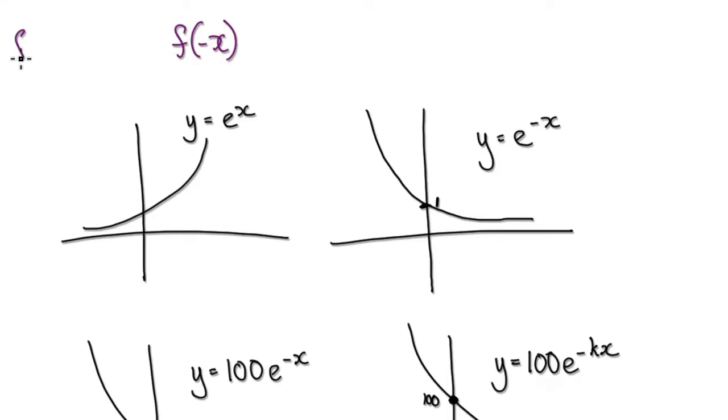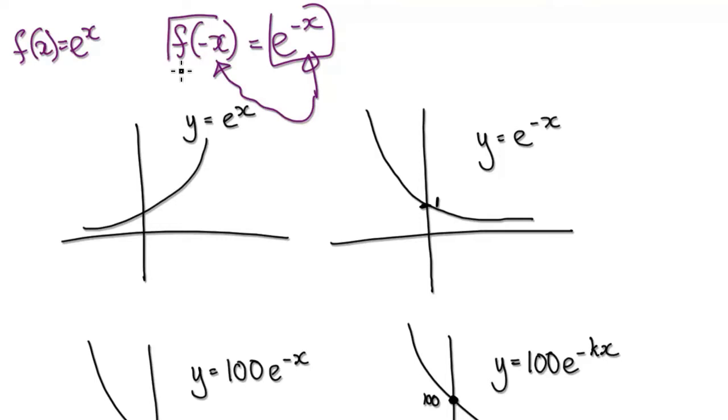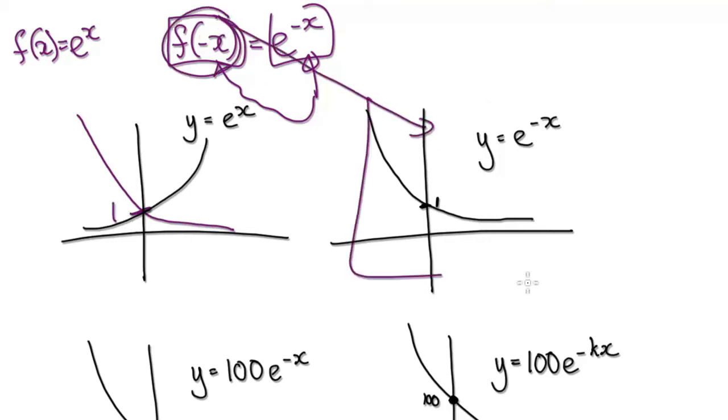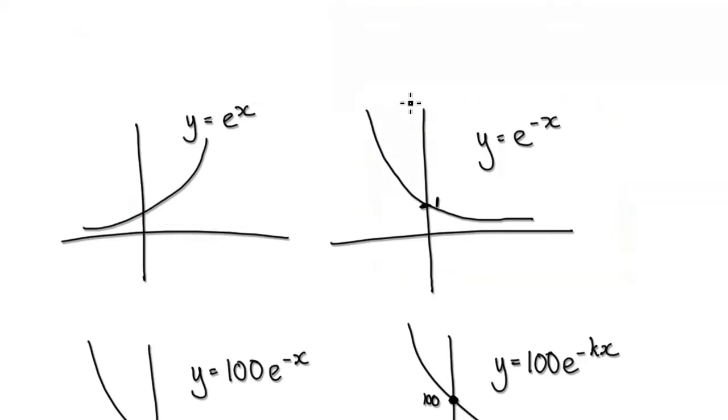So we start out with f of x equals e to the power of x. Apply this transformation, that will then give you this. We have no idea what this looks like, but we do understand this transformation. This transformation will flip it along the y-axis, so now it looks like this at a height of 1. If you put 0 into here, then this will be e to the power of 0.